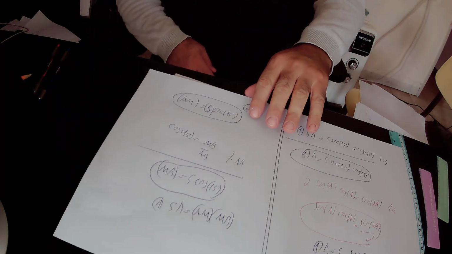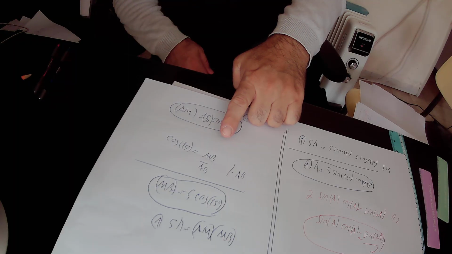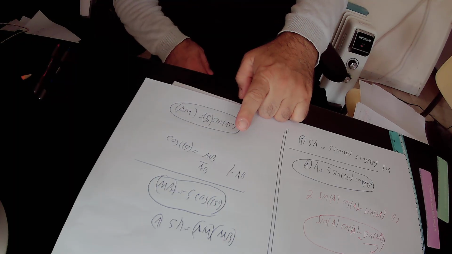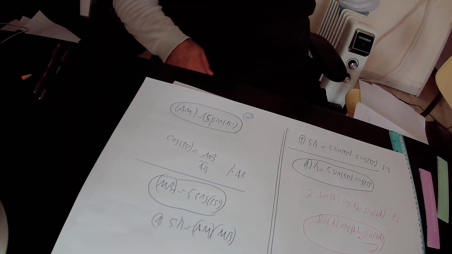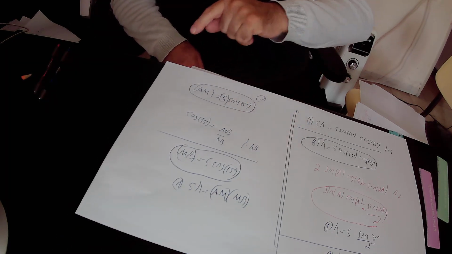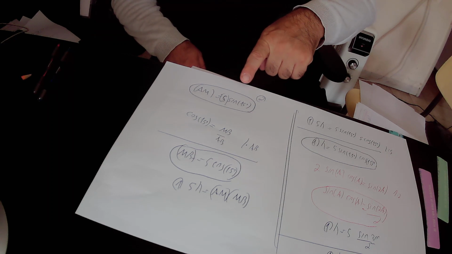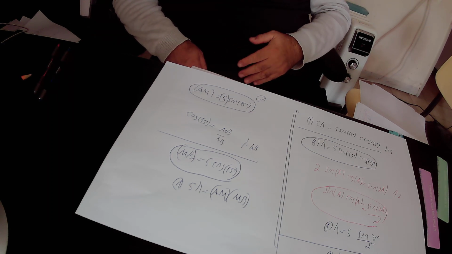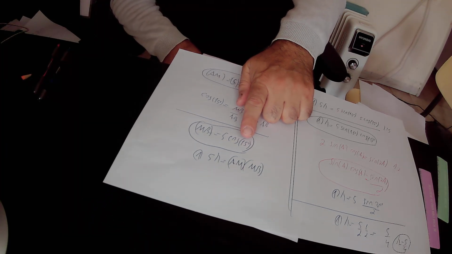We multiply this equation by AB, and AB is 5, so in total we find that MB equals 5 times cosine 15 degrees. And we already found out that AM equals 5 times sine 15 degrees. Here we have equation 1. According to equation 1, we already found out that 5h equals AM times MB.